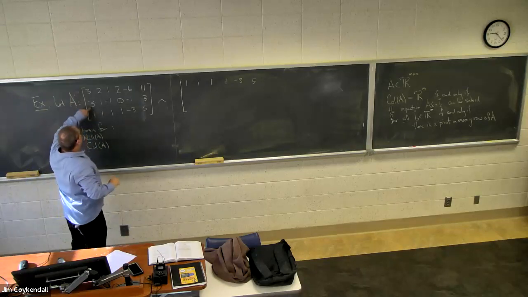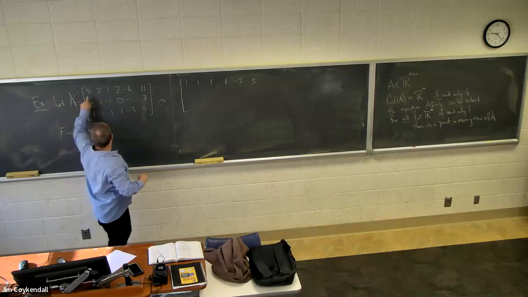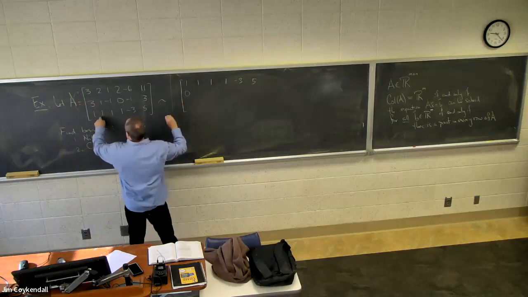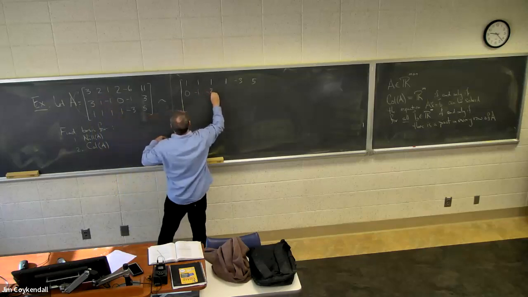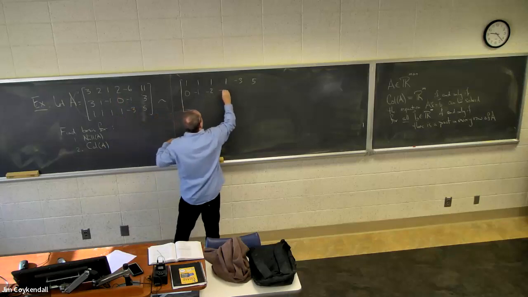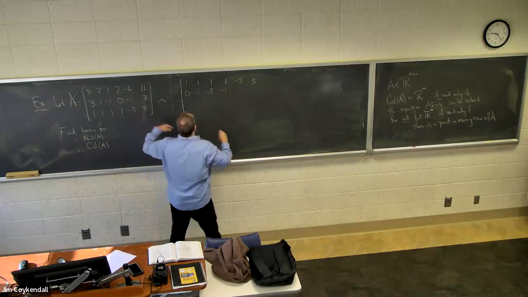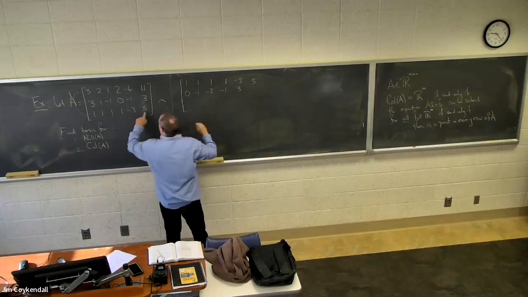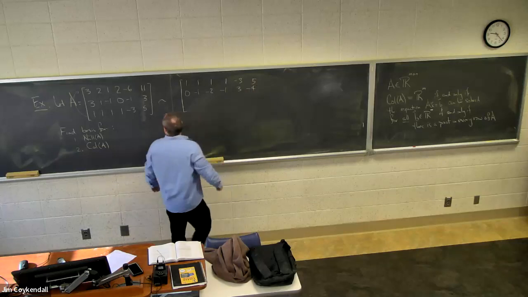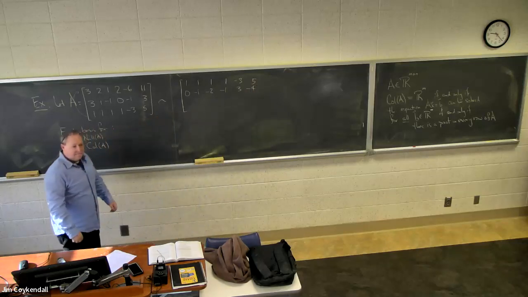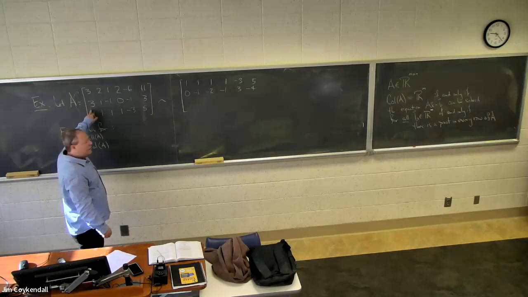I'm going to multiply this by -3 and make it the second row, okay? So that's going to be 0, -1, -2, -1. I'll make it 3. So that's going to be 9 minus 6 is 3. -15 plus 11 is -4. Everybody okay with that?